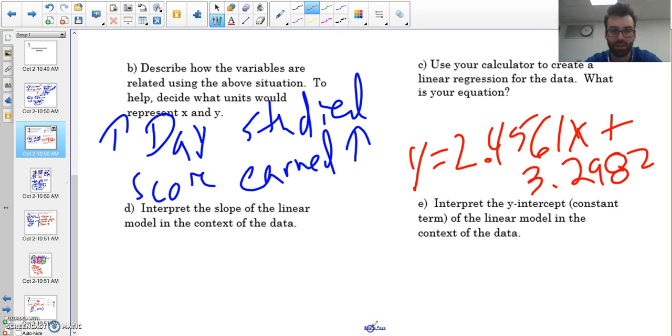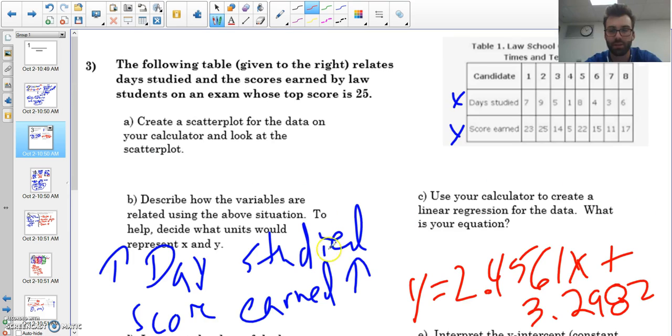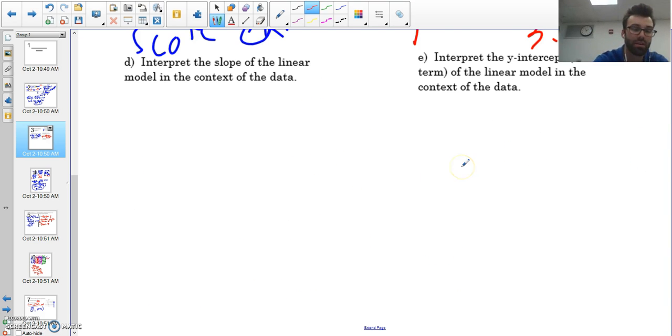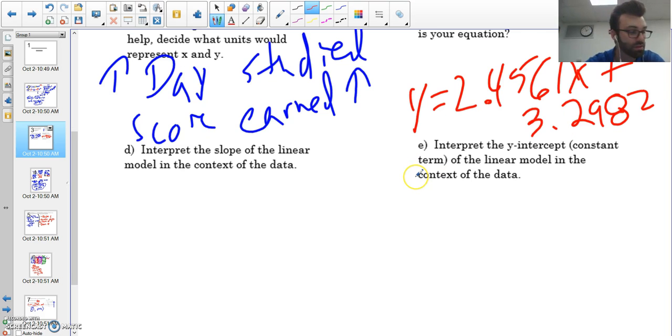Interpret the slope within the context of the data. Remember, your slope is your change in y over your change in x. My scores, which is my y, increase.